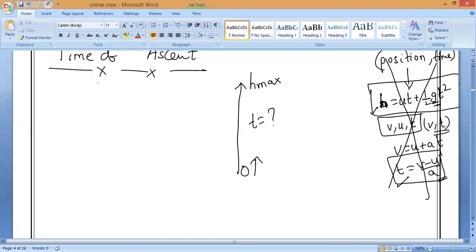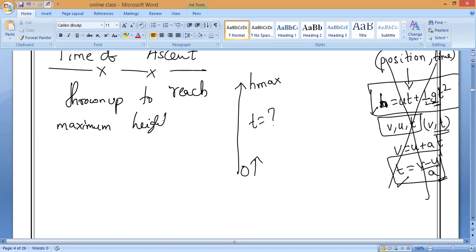It is called the time of ascent. Very, very important.